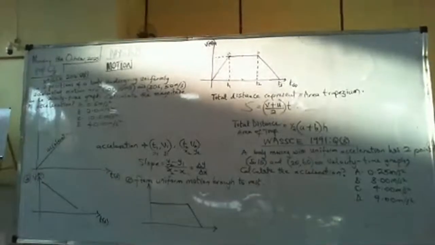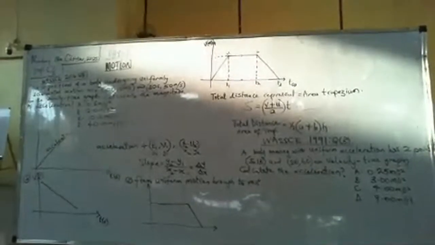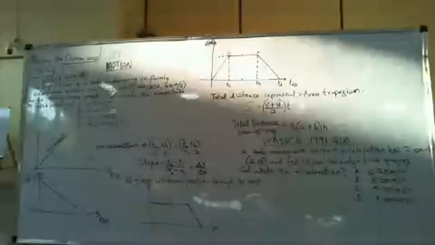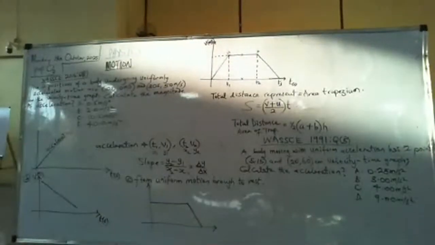On the velocity time graph, I represent it as a normal formula of mensuration.